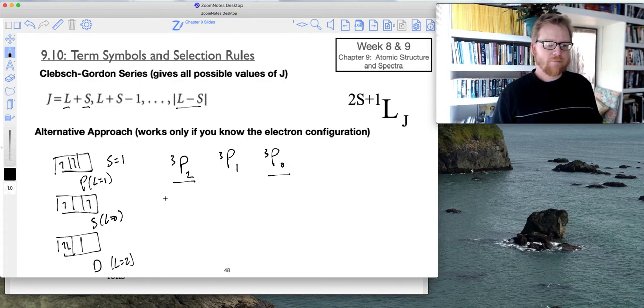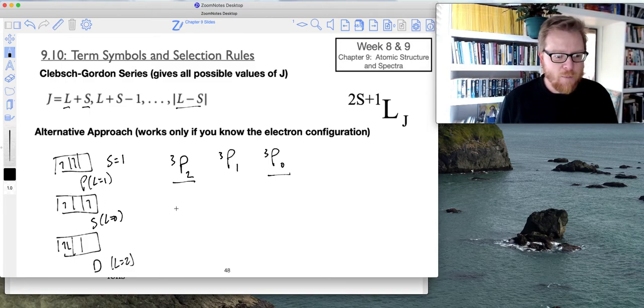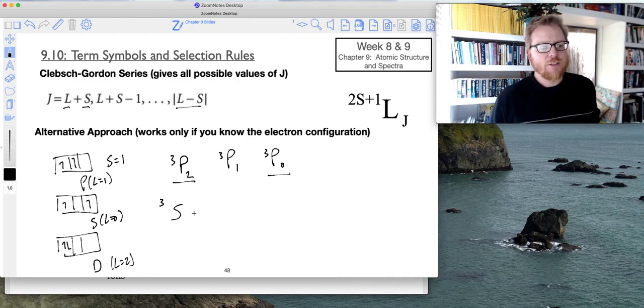So now if we go to these S possibilities here, we recognize that it's an S. It's still a triplet, okay? So now that means S is equal to 1 and L is equal to 0. So the only possibility is, or excuse me, there are two possibilities, 3S1 and 3S0.